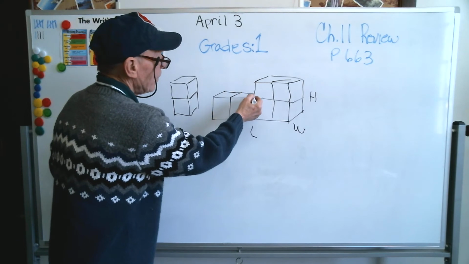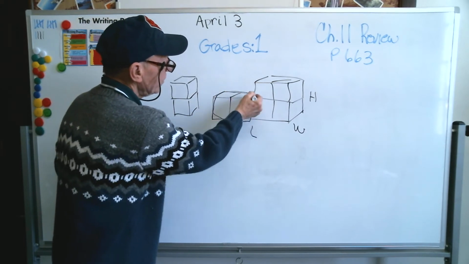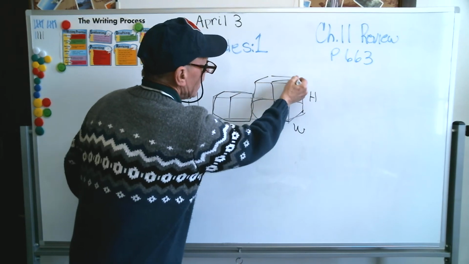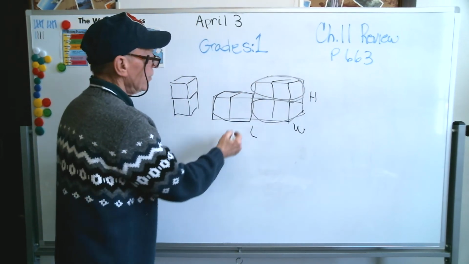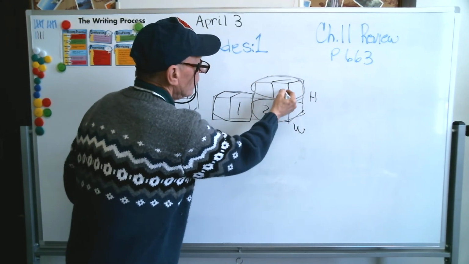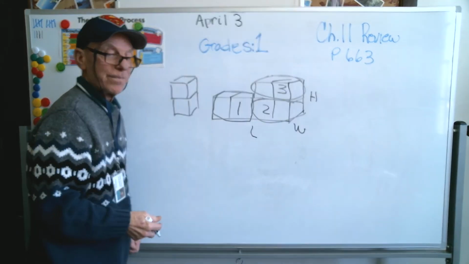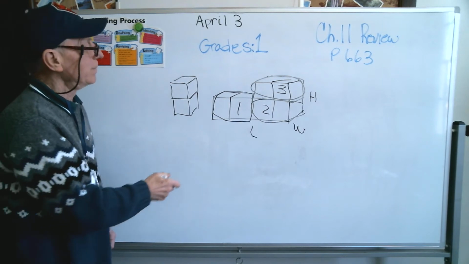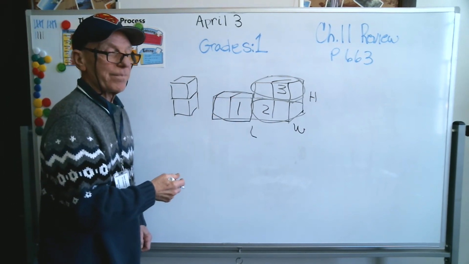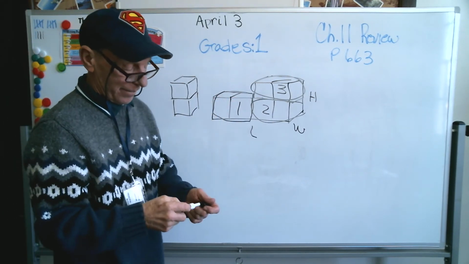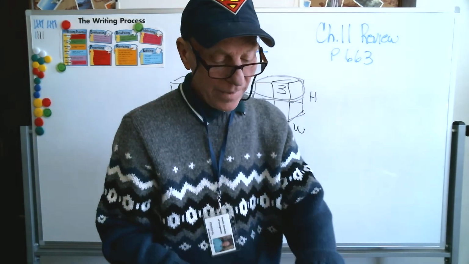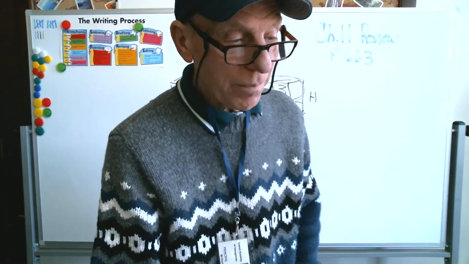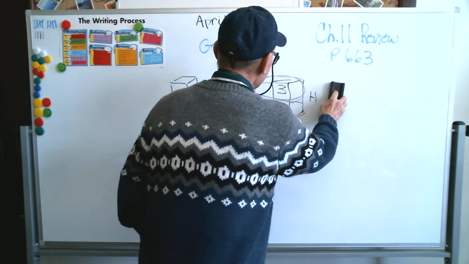So here's 2 cubic blocks. Here's 2 cubic blocks. And here's 2 cubic blocks. So there's 1, 2, 3. 3 of that shape can make that shape. That finishes 665. Couple more problems on 666.